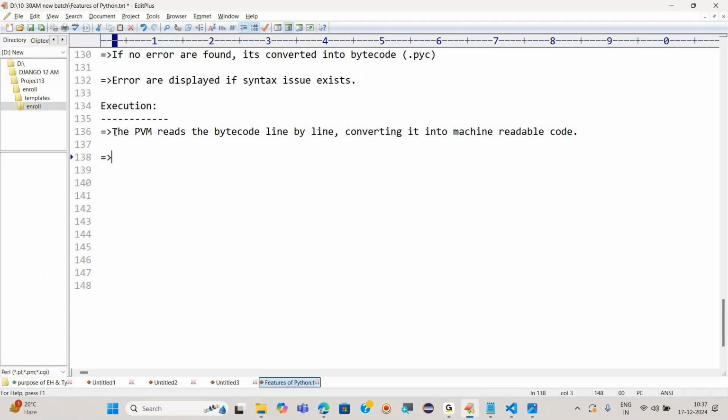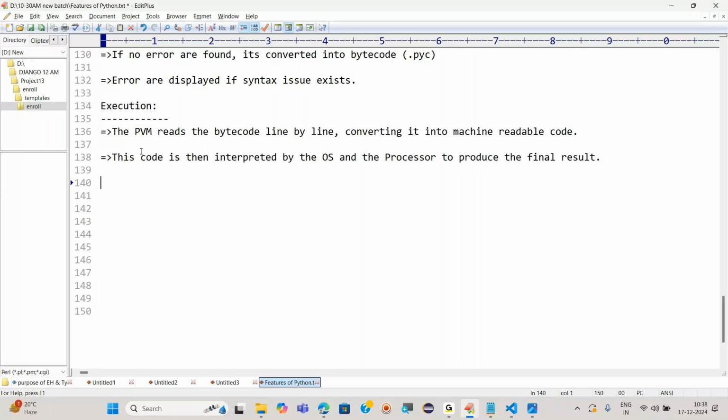Execution. We are in execution. The PVM reads the bytecode line by line, converting it into machine readable code. Is it clear? Okay. This code is then interpreted by the operating system and the processor to produce the final result.